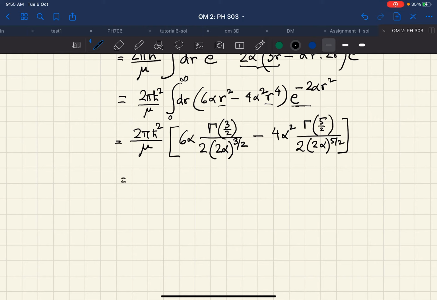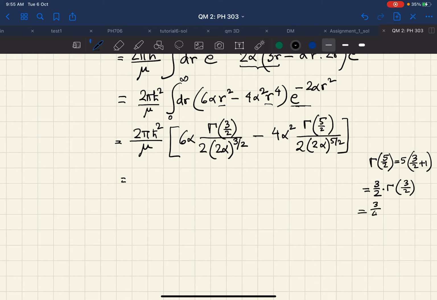I am not spending the time on this simplification. After you evaluate these things, for example, gamma 3 by 2, as you have seen, is nothing but half gamma half. Similarly, gamma 5 by 2 can also be evaluated. Gamma 5 by 2 can be written as gamma 3 by 2 plus 1. So this is going to give us 3 by 2 gamma 3 by 2. But gamma 3 by 2 is again half gamma half.